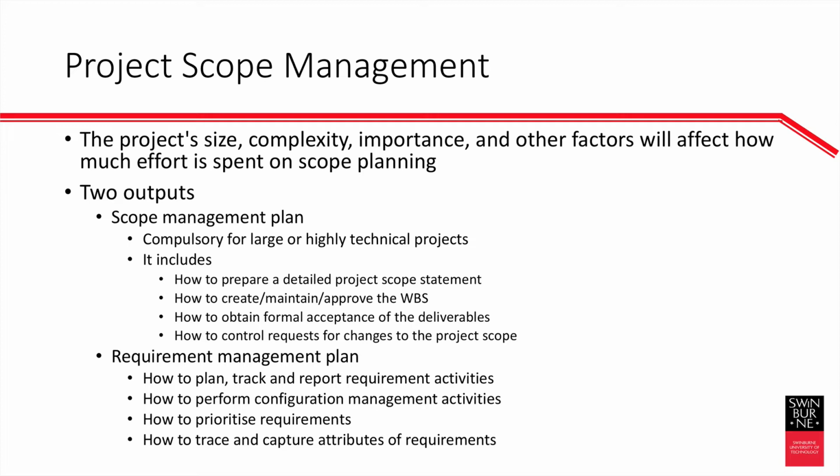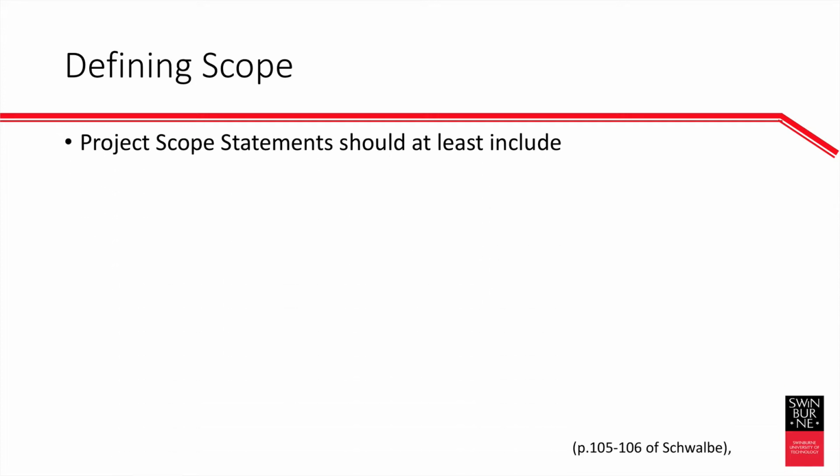The requirements management plan is about planning, tracking and reporting requirement activities, performing configuration management, prioritizing requirements, because not all requirements are equal, and how to trace and capture the attributes of requirements.